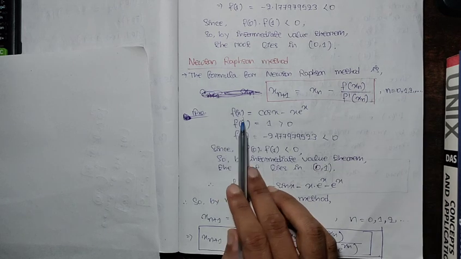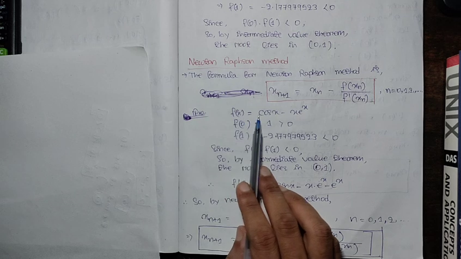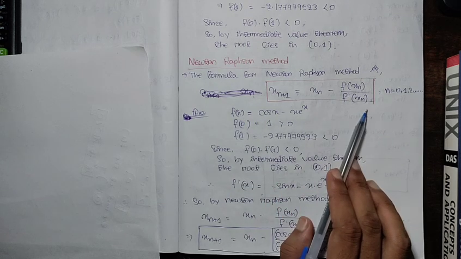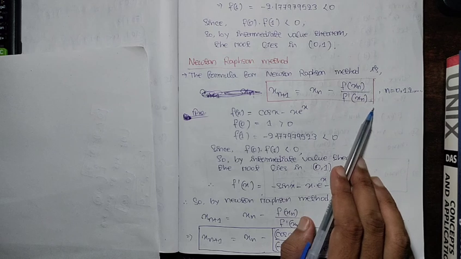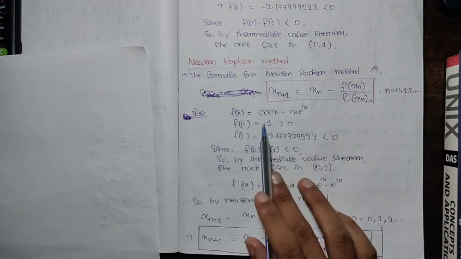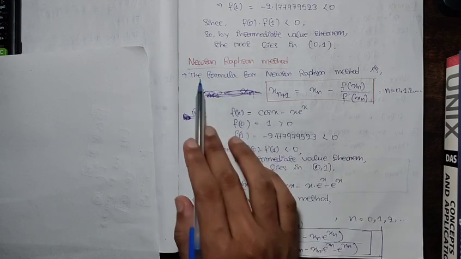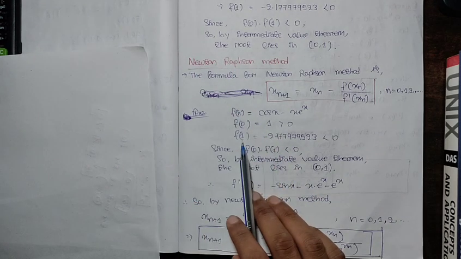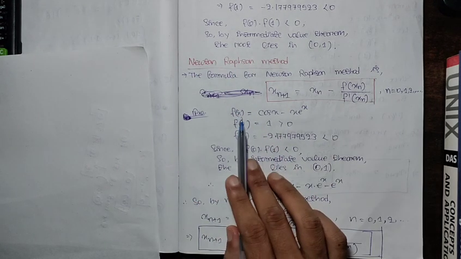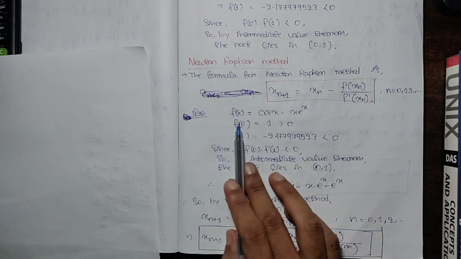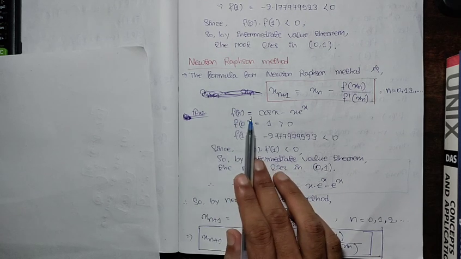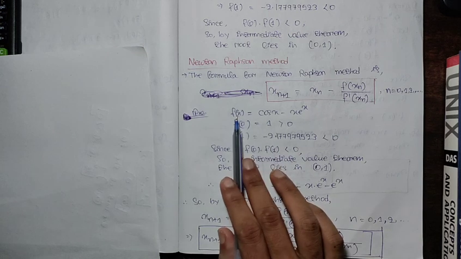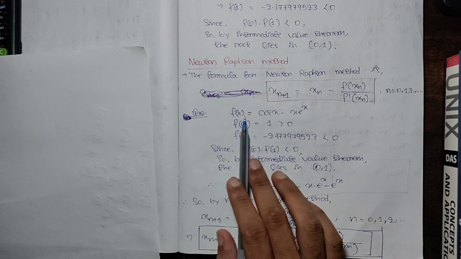So see here, if the question is like cos x minus x e to the power x equal to 0, then find the root correct to 3 decimal places using the Newton-Raphson method. So how to approach this question? See here, you should write, and I already told you, that the question is in the form of a function of x.